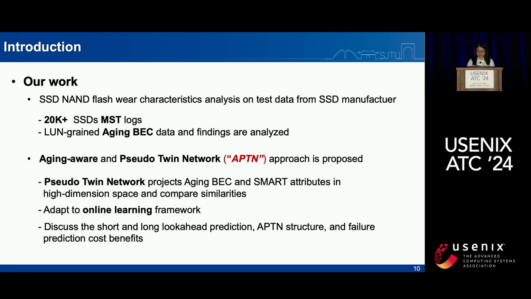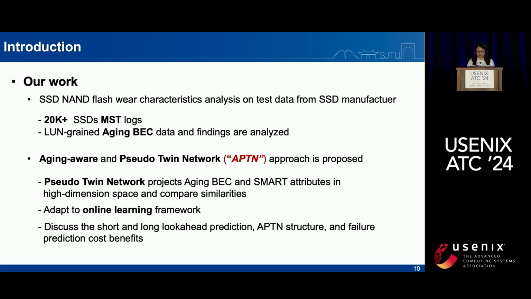To overcome these limitations and challenges, our work achieved the following milestones. We gathered and analyzed over 20,000 SSD manufacturing self-test logs, extracting LUN-specific aging data and observing distinctive feature patterns. Moreover, we introduced our innovative SSD failure prediction approach, the Aging-Aware Pseudo Twin Network.